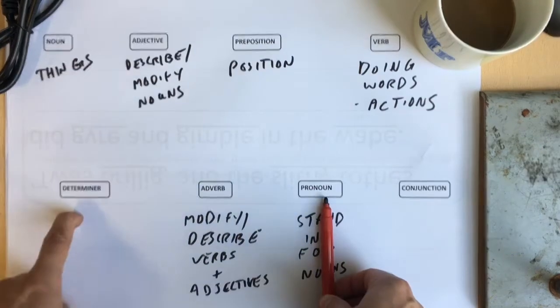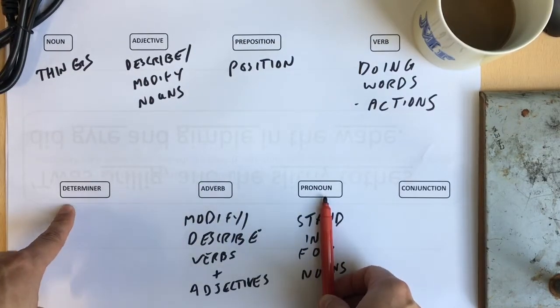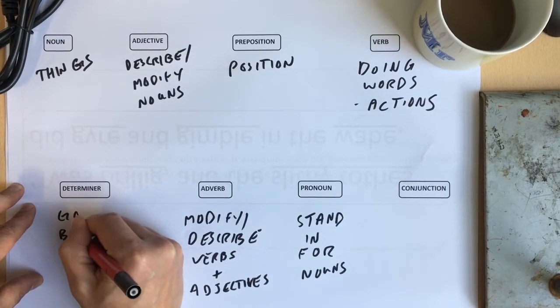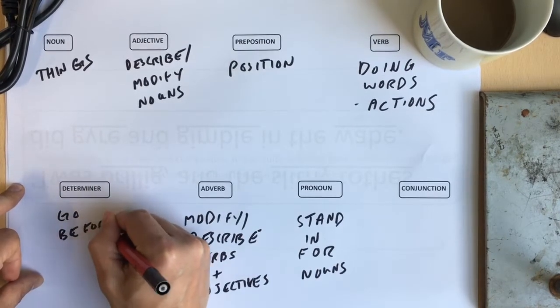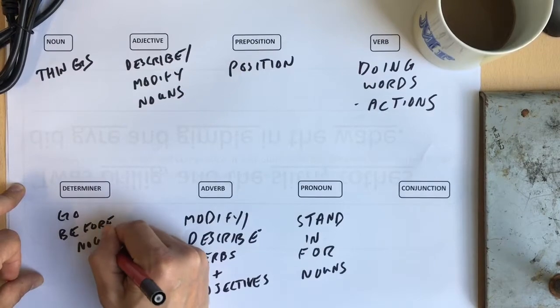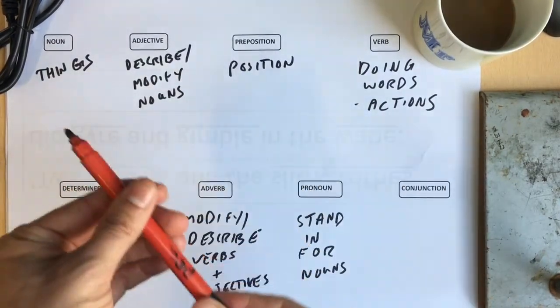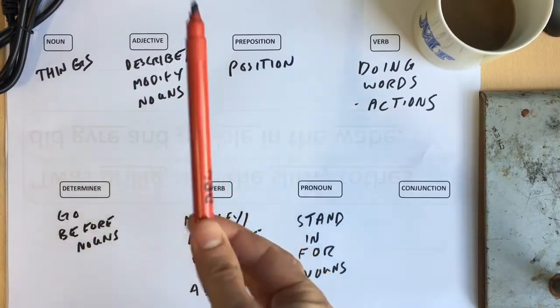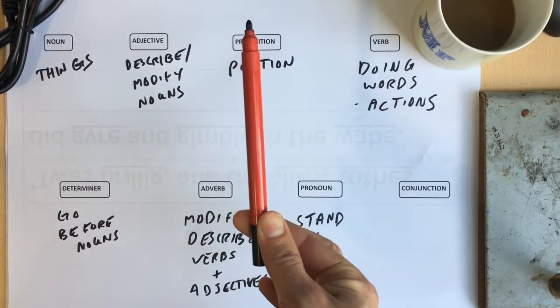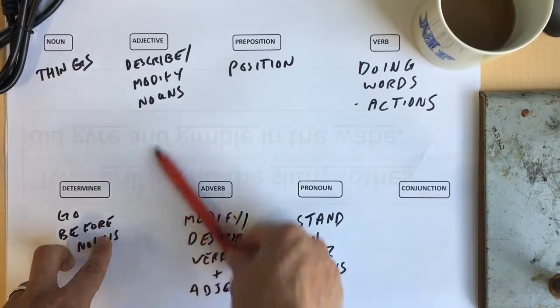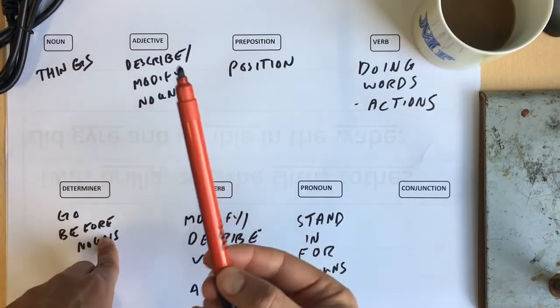Not to be confused with these ones, which look similar, and they sort of go before. It's the simplest way I can think of explaining it, really. They just go before nouns, but they're not adjectives. So they determine whose something is or how many there are, something like that. So this is my pen. So it's going before the noun, helping determine whose it is. It's my pen.